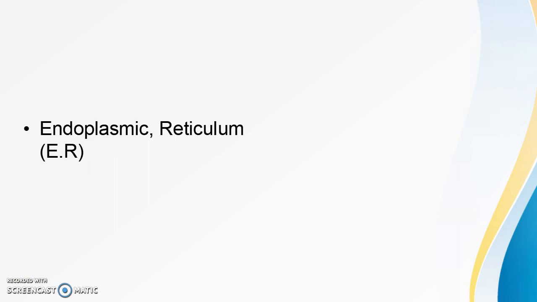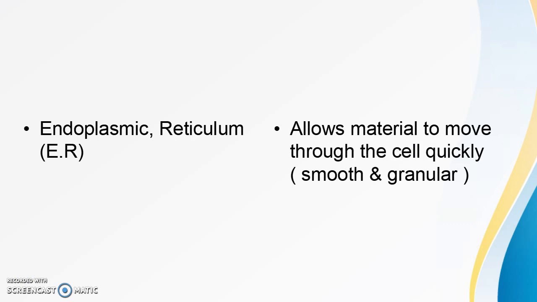Endoplasmic reticulum, or what we call the ER, is a network of membrane inside a cell through which protein and other molecules move. Its function is it allows material to move through the cell quickly, smooth and granular.